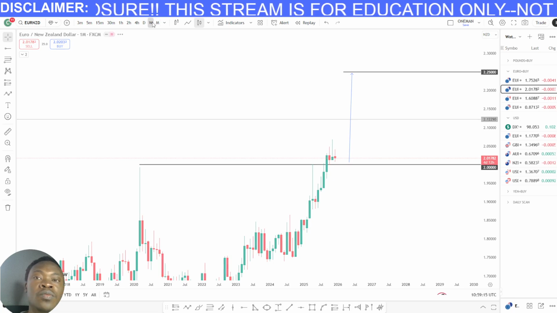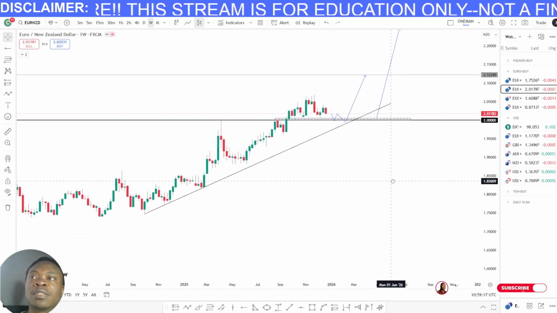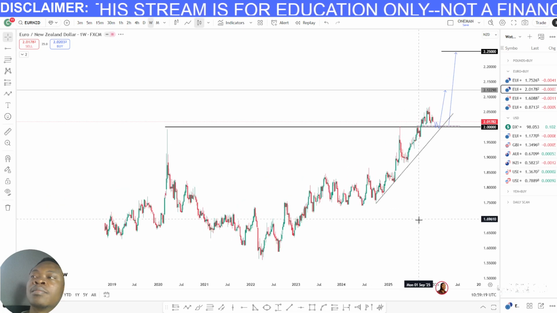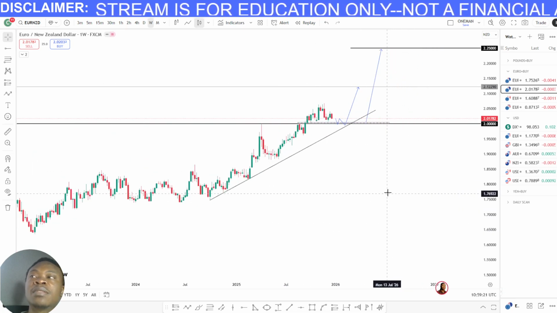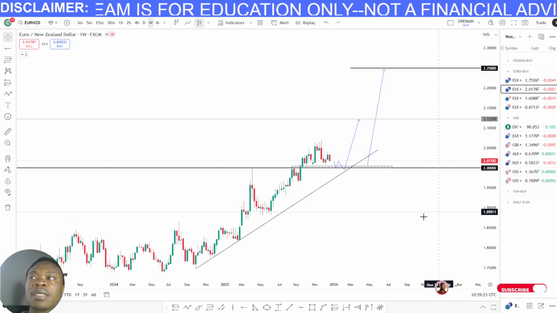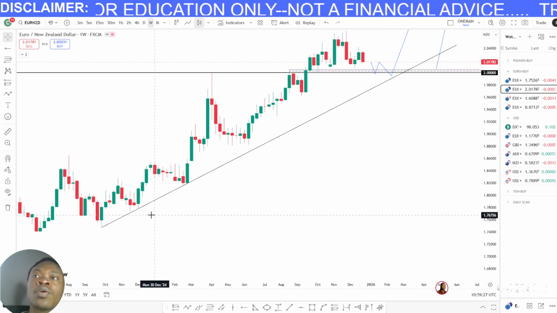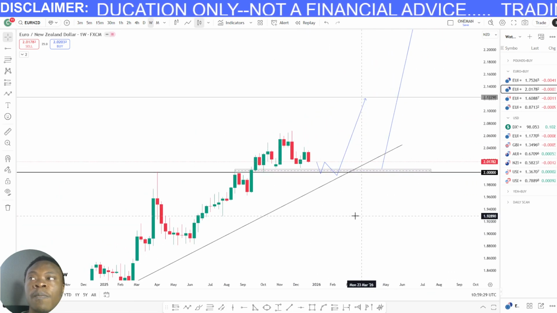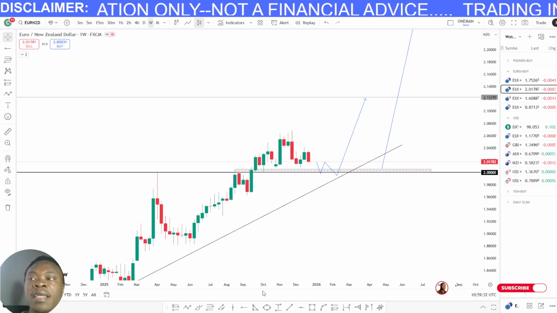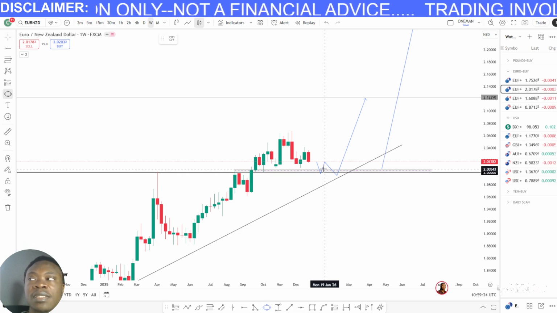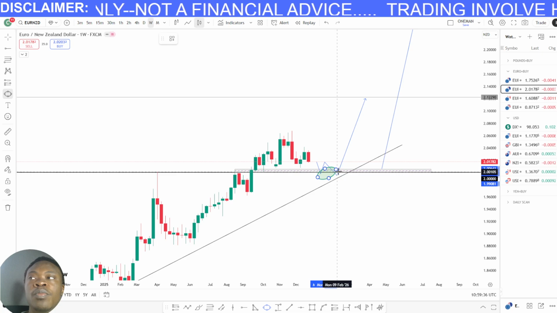So when we take it to the weekly, we could see that this bullish move is also supported by this perfect weekly trend line. So over here, our key point of interest is this 2.0.